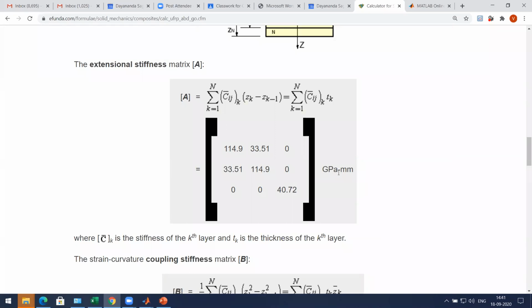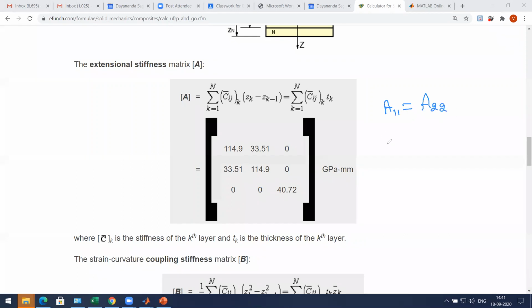So here the conditions that need to be met are, sorry, A11 should be equal to A22.